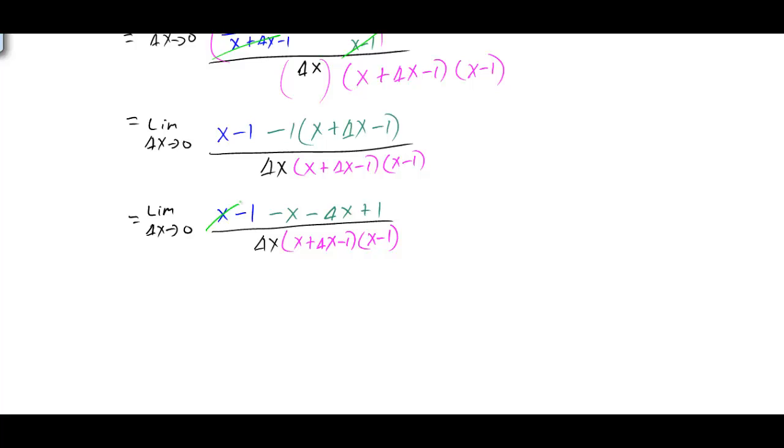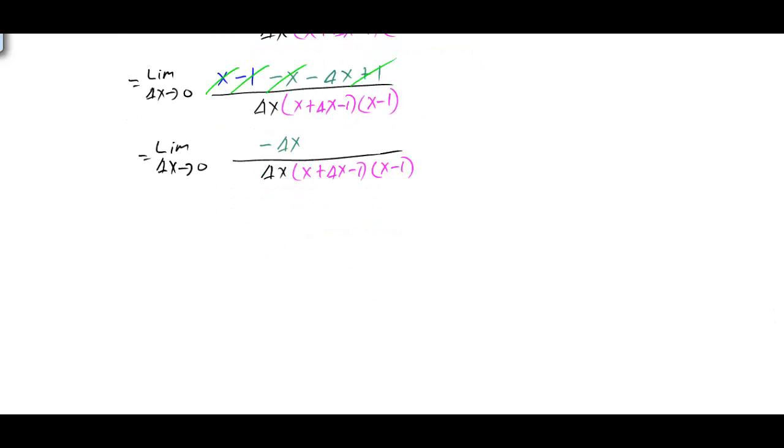We have x and negative 1, and positive 1. Again, everything in that original function there is going to cancel out, so that we are now simply left with a negative delta x on top, and on the bottom we have our delta x multiplied by the x plus delta x minus 1 and x minus 1.